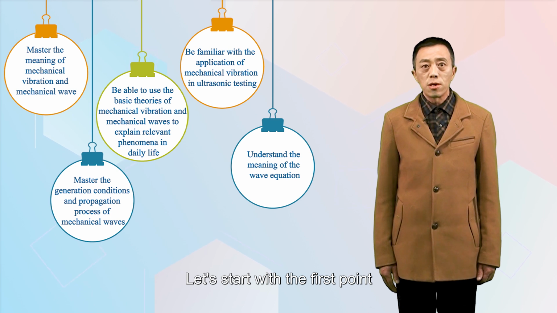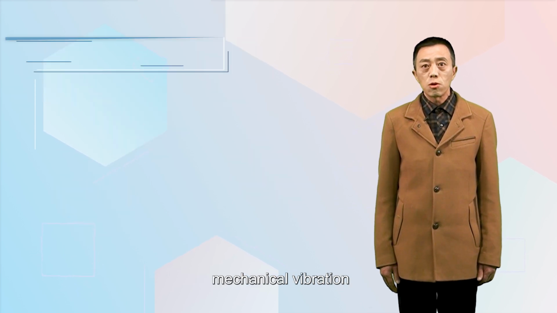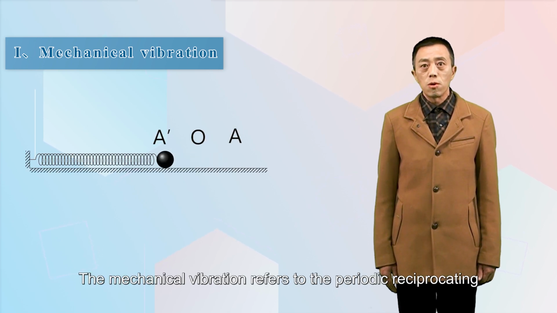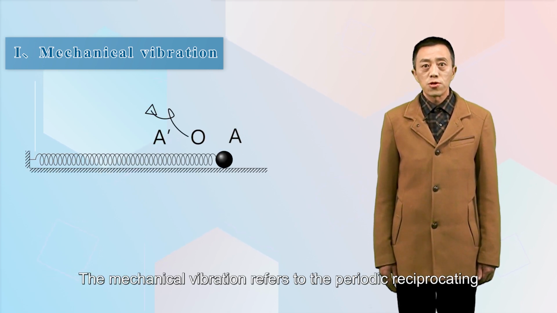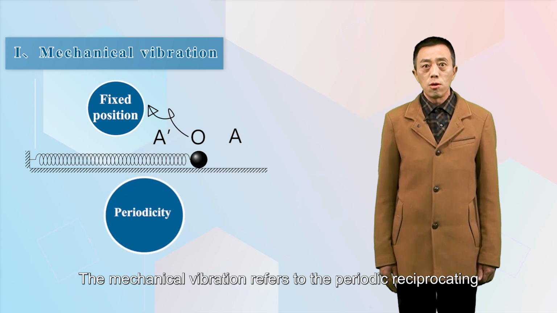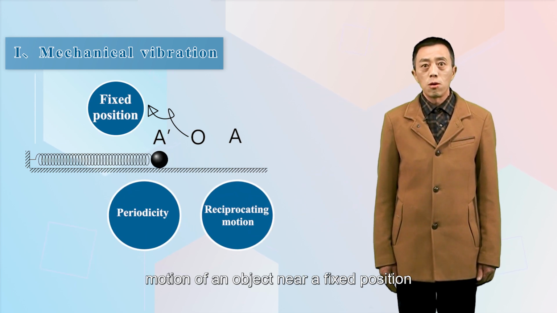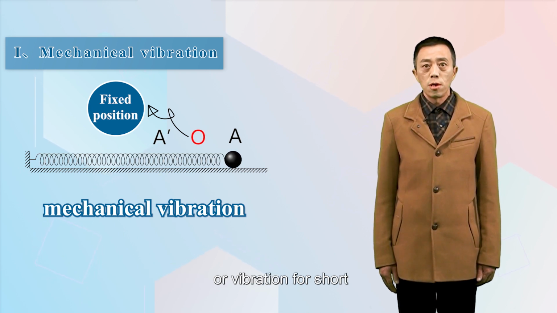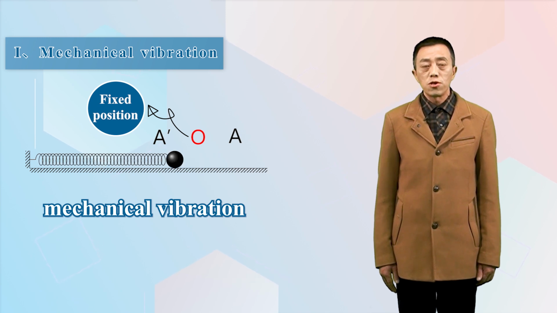Let's start with the first point: mechanical vibration. Mechanical vibration refers to the periodic reciprocating motion of an object near a fixed position. This form of motion is called mechanical vibration, or vibration for short.